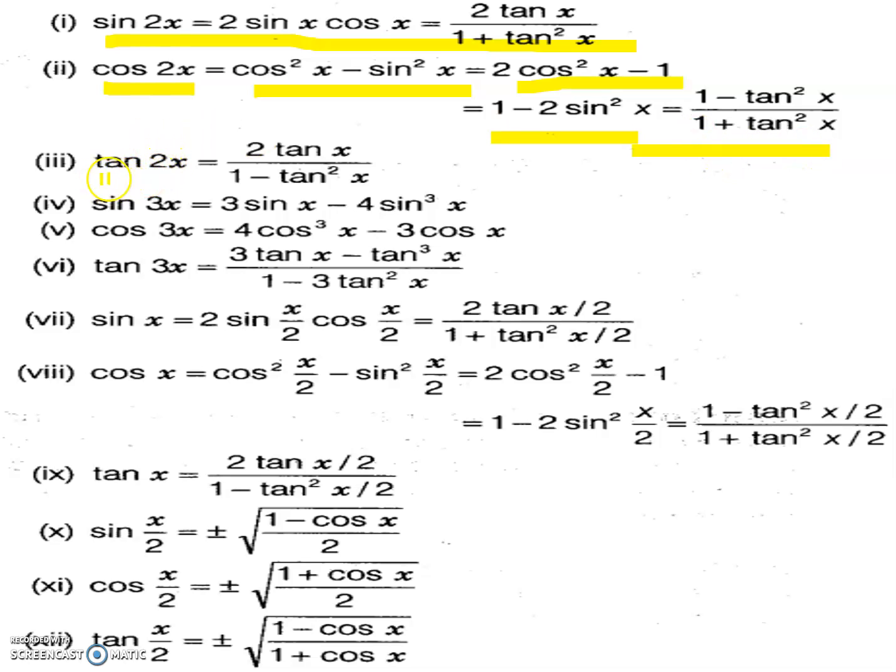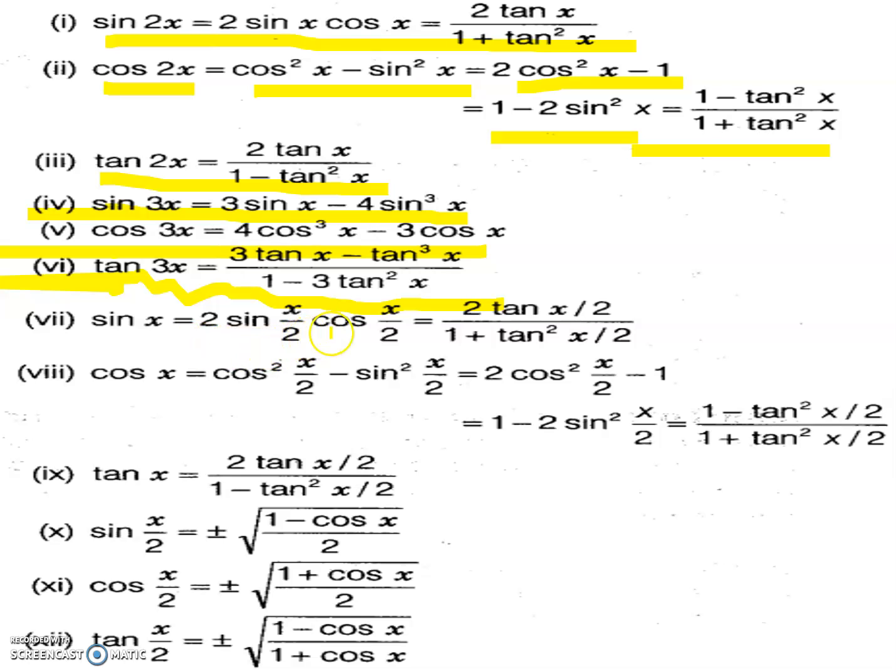Tan 2x formula: 2 tan x upon 1 minus tan square x. Sin 3x, as discussed in the last lecture, is 3 sin x minus 4 sin cube x. Cos 3x is 4 cos cube x minus 3 cos x. Next, tan 3x is 3 tan x minus tan cube x upon 1 minus 3 tan square x.